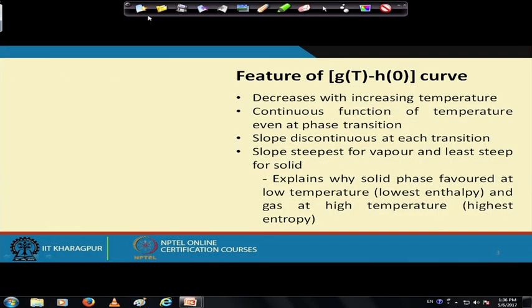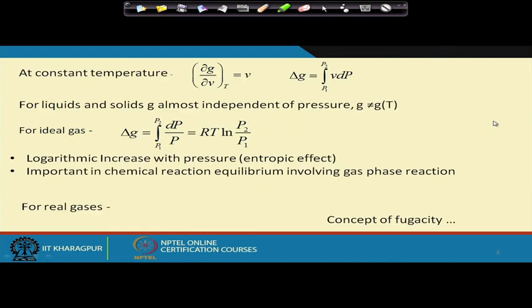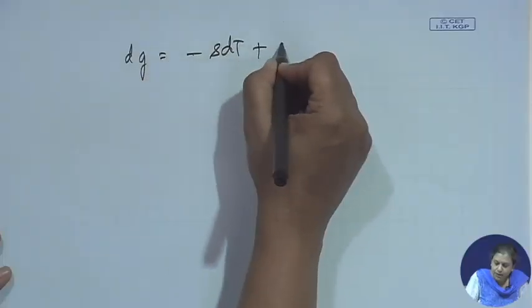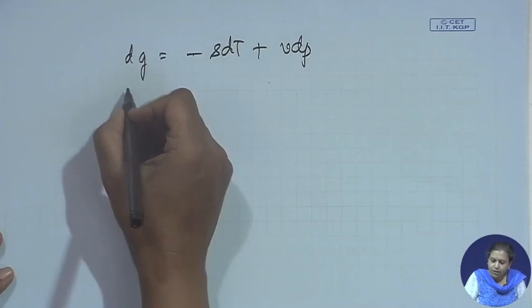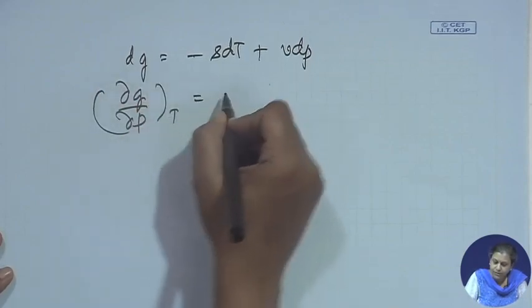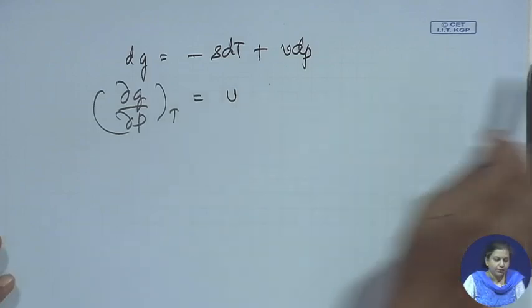Now, let us discuss the variation of Gibbs free energy with pressure. What do we know? Again, if I recollect the equation, dG equals minus S dT plus V dP, right. Therefore, del G del P at constant T is equal to the molar volume of that particular solid.